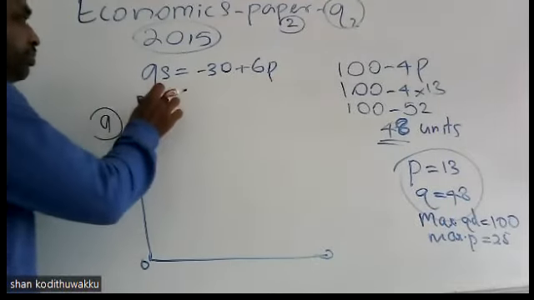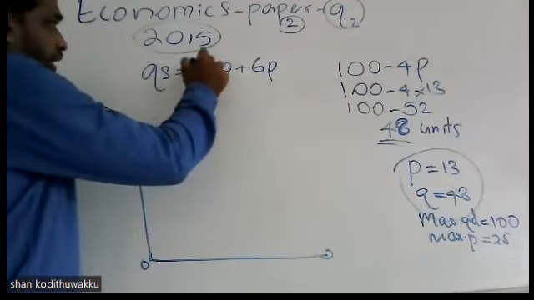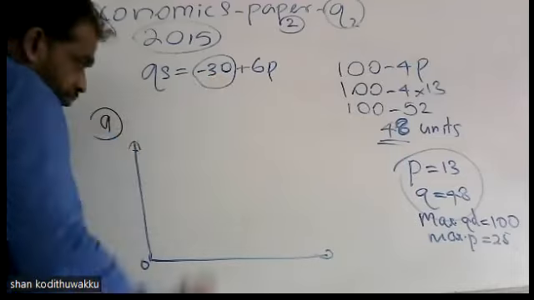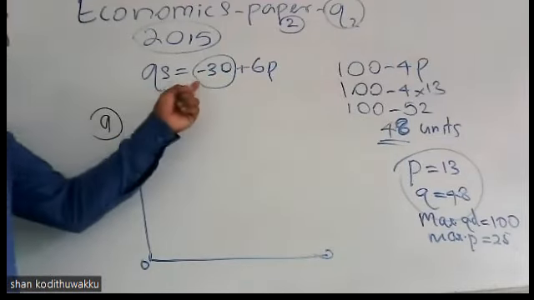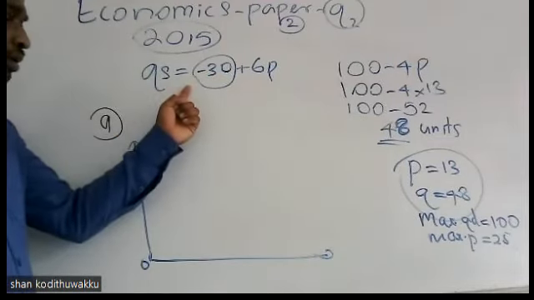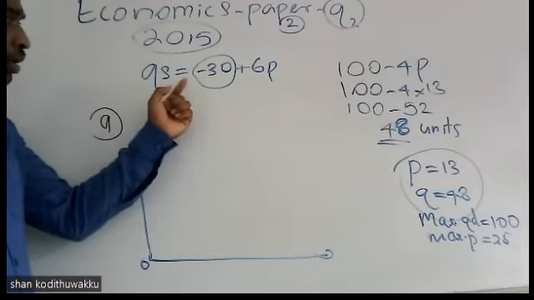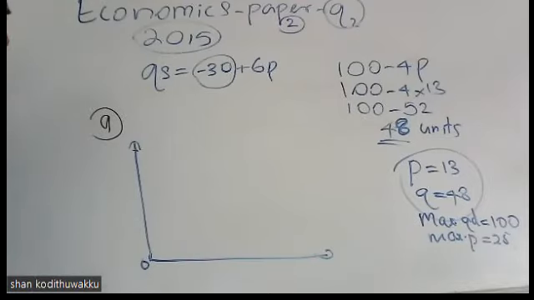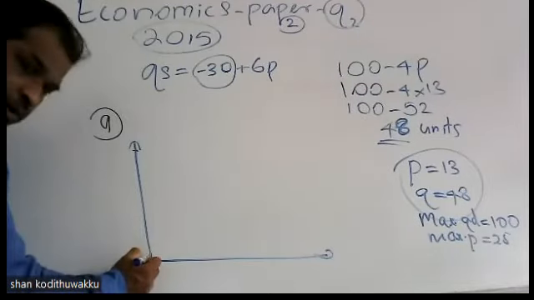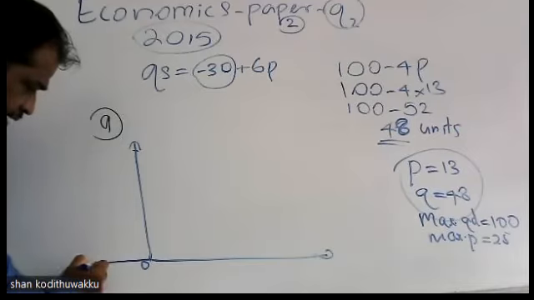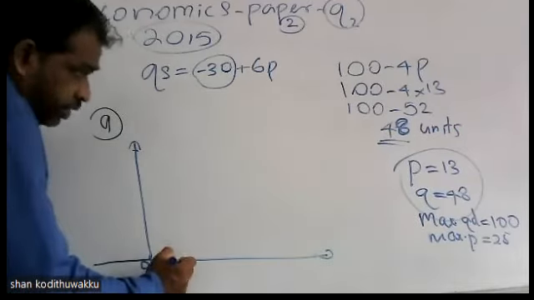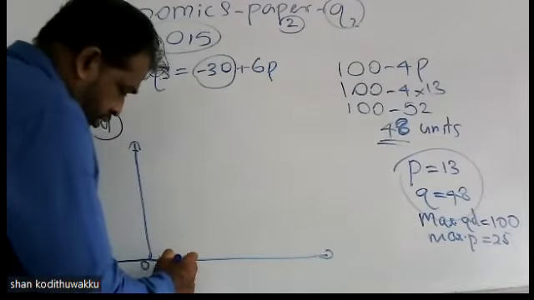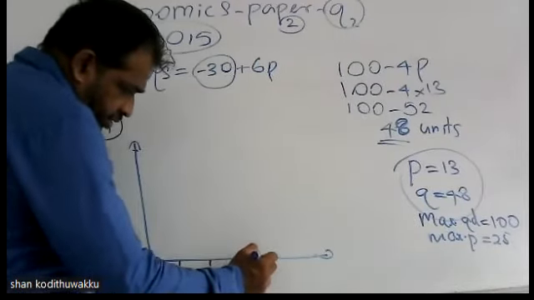Here, minus 30 will represent the minimum supply when the price is 0. Therefore, in your diagram, it will be like this. If you mark quantity here, you can take it like this.